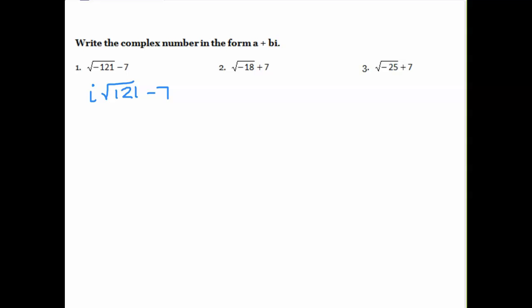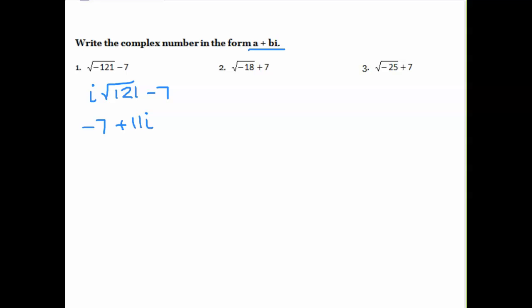And then you're going to look at your square root and simplify it. In this case, the square root of 121 is 11. And then it says to put it in the form a plus bi. So we're going to write the -7 first, plus 11i, so that it is the a, or the real part, plus the imaginary.